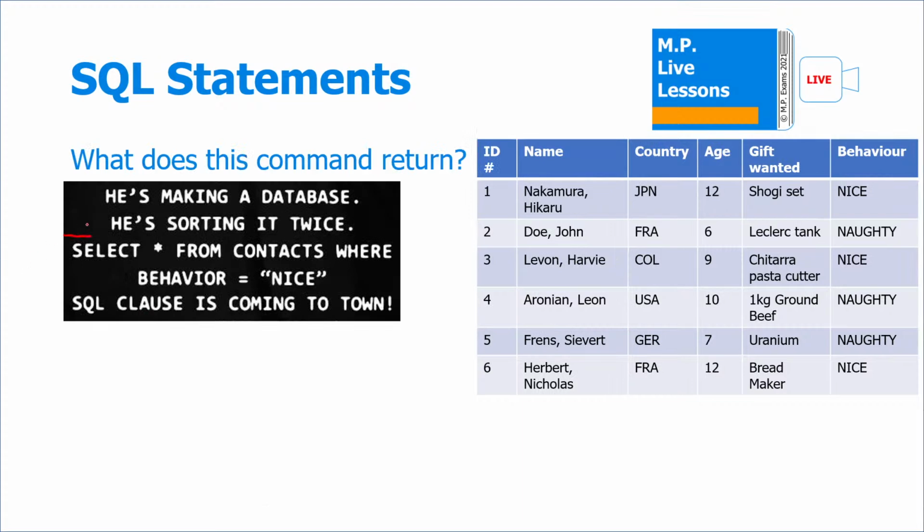So first of all, select speed is what we want, and this star means all records, or actually all fields.